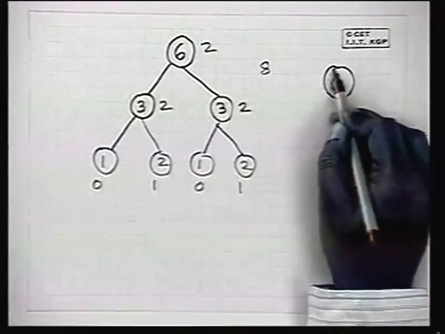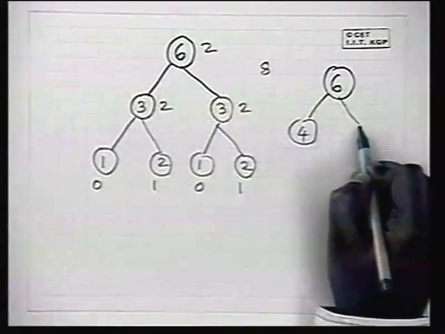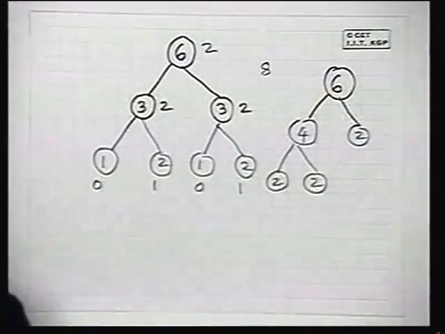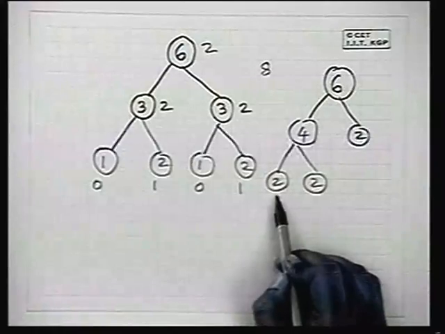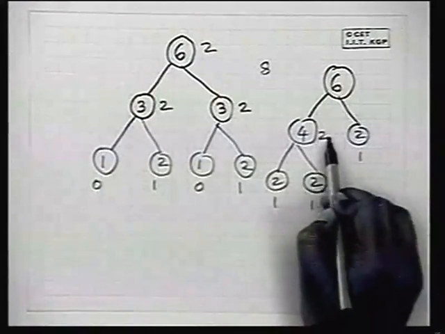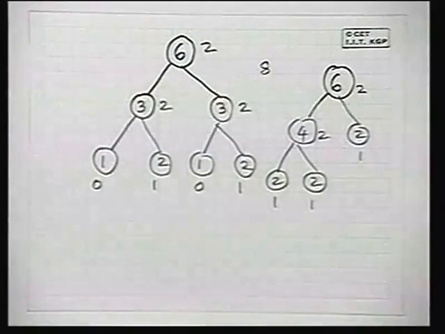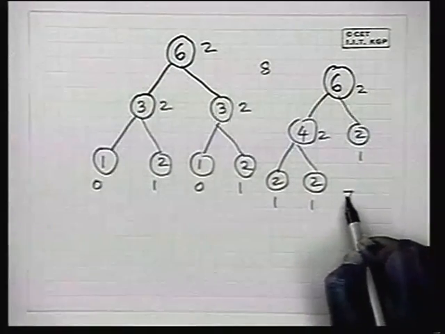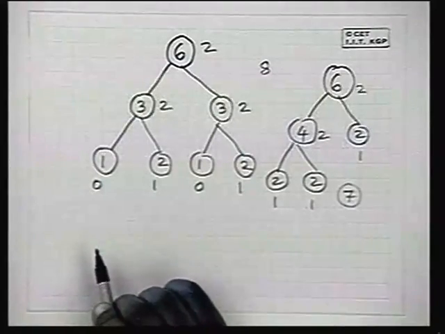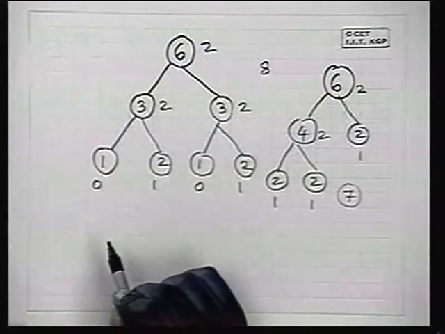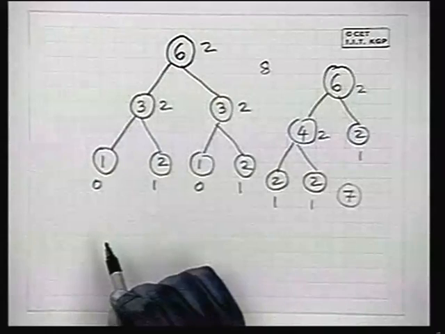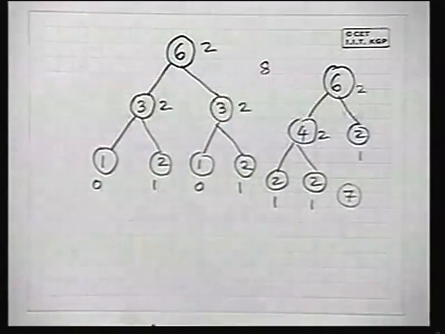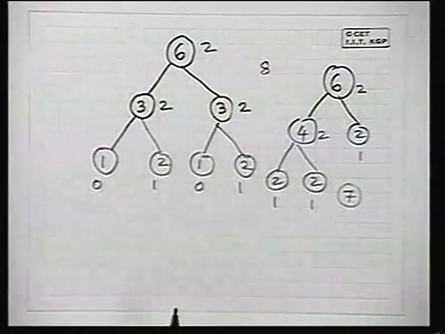And if I split it up as this, what is the total cost? 7. So even splitting in the middle is not optimal. To get an optimal split, you have to analyze the tree.